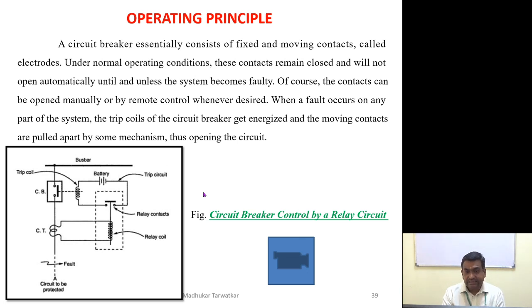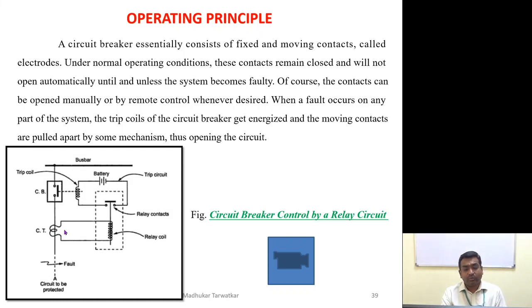Now let us discuss the operating principle of the circuit breaker. Here you can see the basic circuit diagram along with the relay. Here we have a bus bar. This is a circuit breaker which is connected in the circuit which is to be protected. It incorporates the corresponding trip circuit, relay contacts, coil of the relay, and CT.